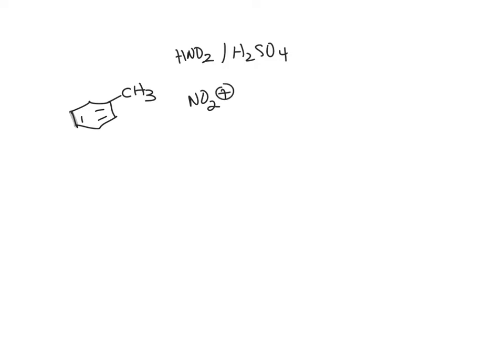So let's look at this mechanism. If you have toluene and you have nitric acid and sulfuric acid, you get your nitronium, and you know that you're going to make the sigma complex. So let's just go ahead and choose the ortho. We're going to do our sigma complex.